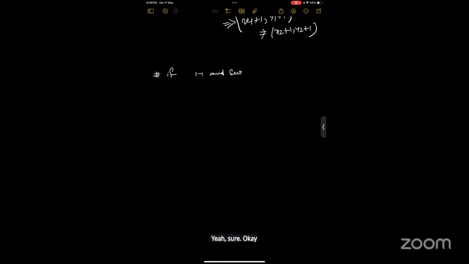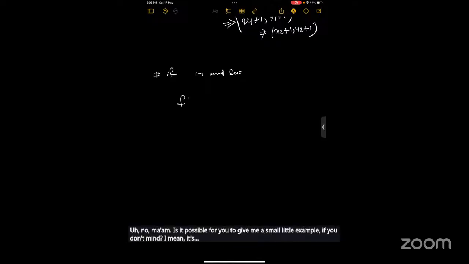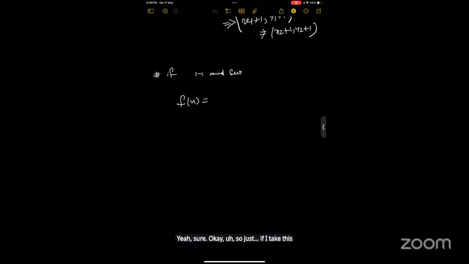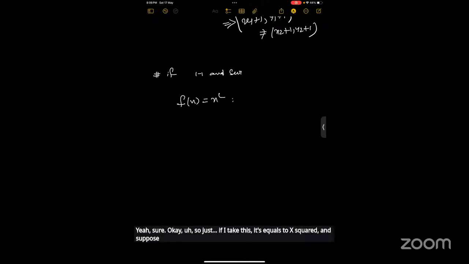Okay. So if I take this f of x equals x square, and suppose this is our range and domain, then this function is clearly onto, right?